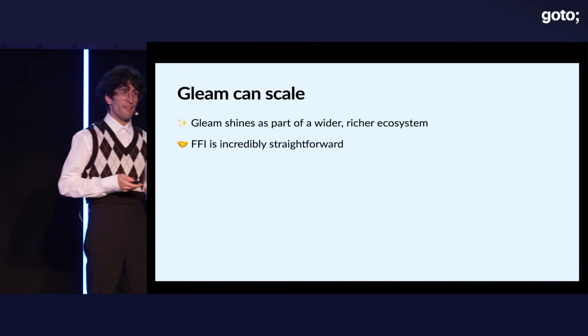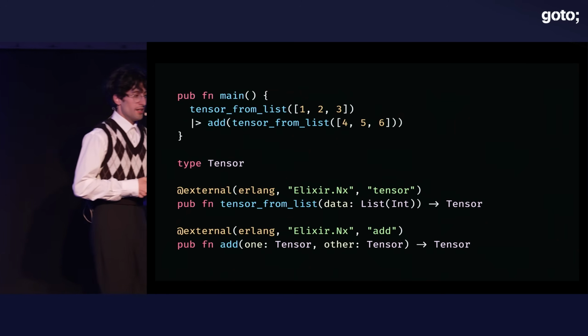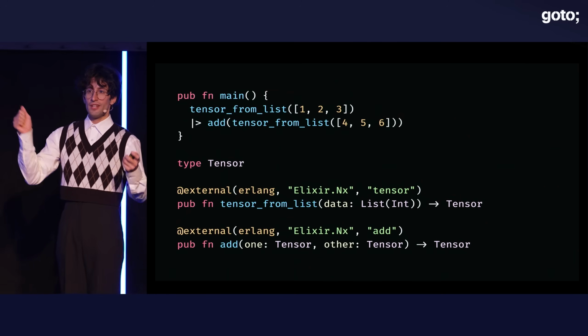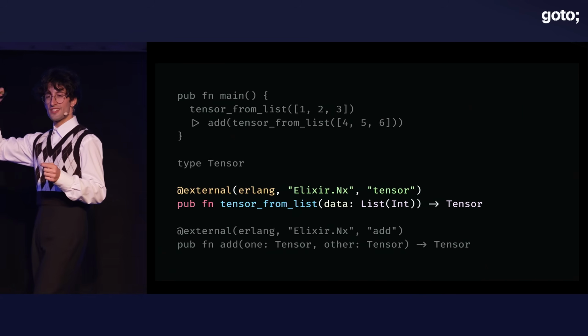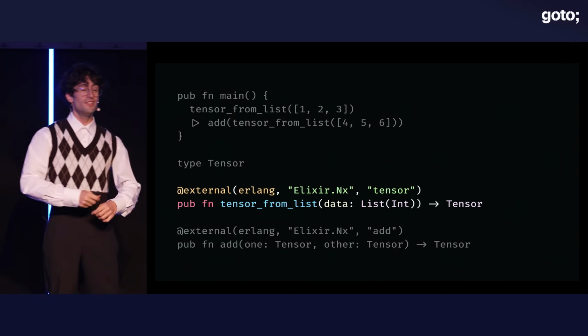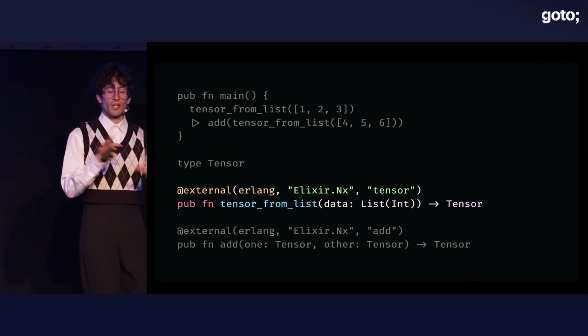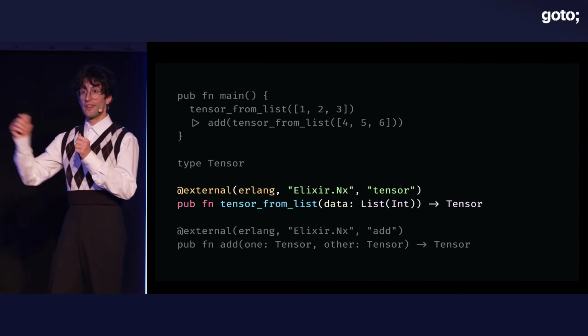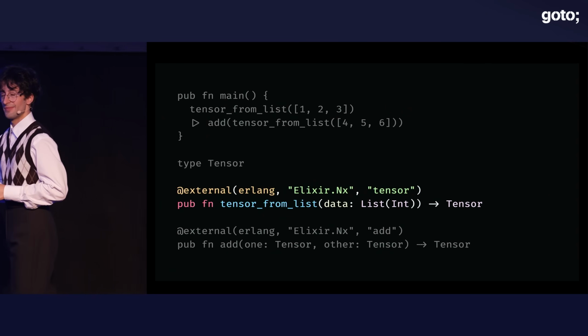So Gleam's FFI is pretty straightforward. Basically, you define a function and you say to the compiler, well, this is external, this is going to be implemented in Erlang, don't worry about it, or in Elixir. And then it's going to work out just fine, because the compiler will then call that function at runtime.